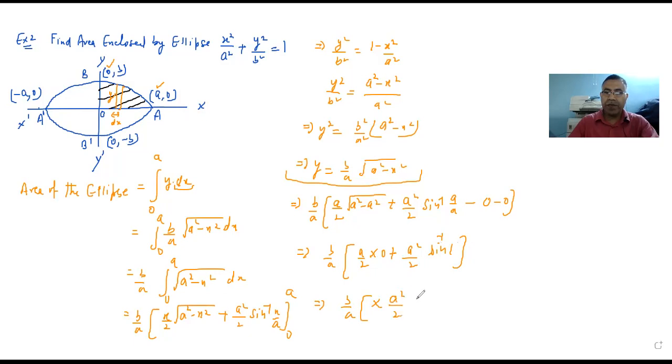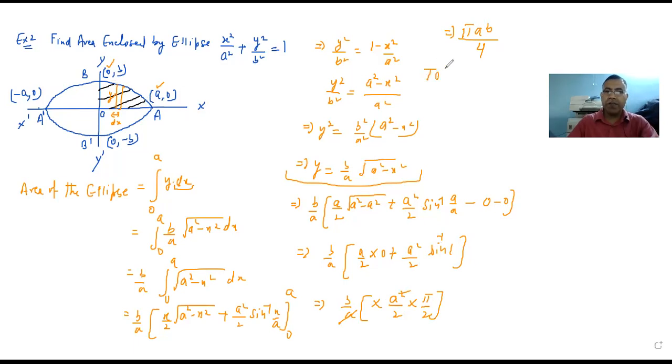So a square by 2 into pi over 2. So one a goes with this, which implies this is pi ab upon 4. So this is the area under the first quadrant.